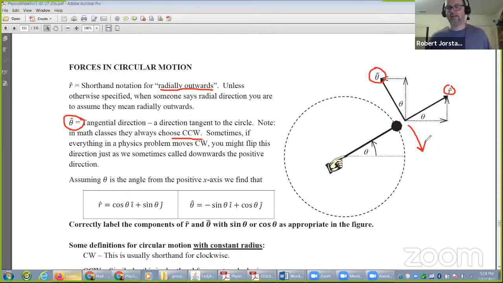Why not? Sometimes we might describe a direction this way. I would call this towards the center, so I might call that C hat, or centripetal hat. The word centripetal itself means center pointing.